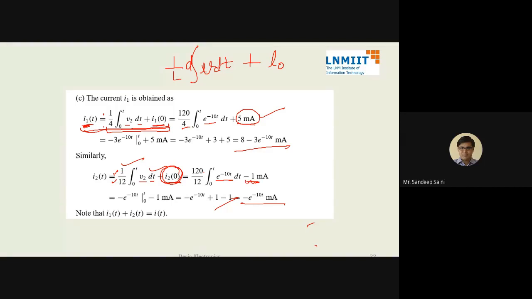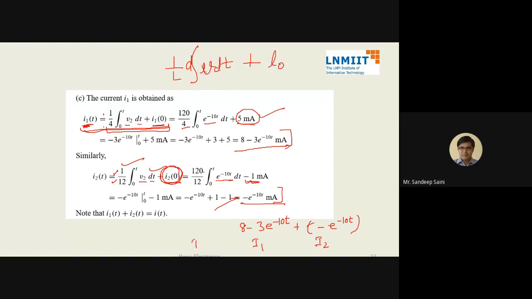Now you do one thing. You take this equation and this equation. First equation is 8 minus 3 e raised to power minus 10t. Second equation is minus e raised to power minus 10t. This is I1, this is I2.